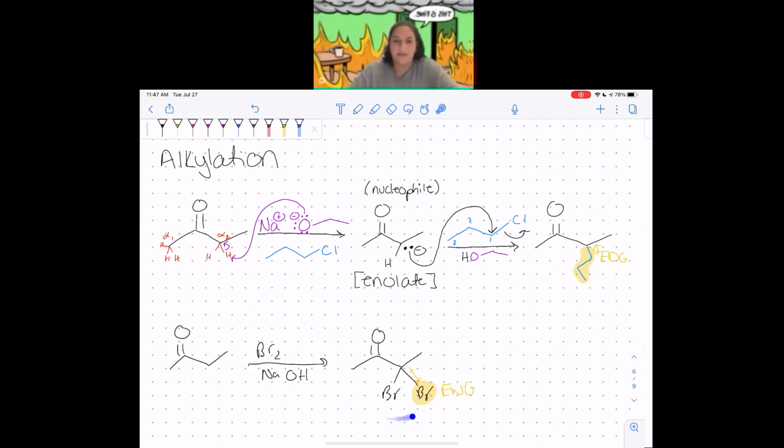So in this case, adding a halogen makes the alpha position more acidic. And when we say halogen, we can say any electron withdrawing group.